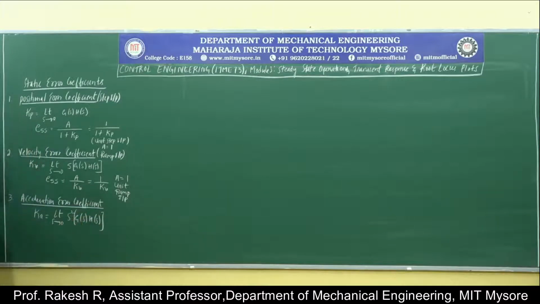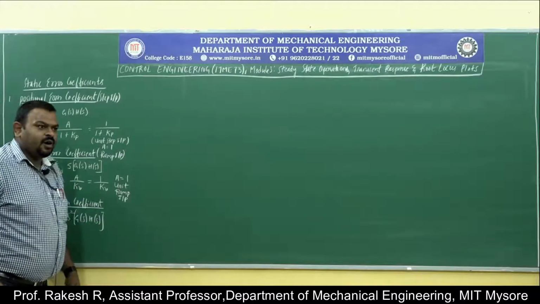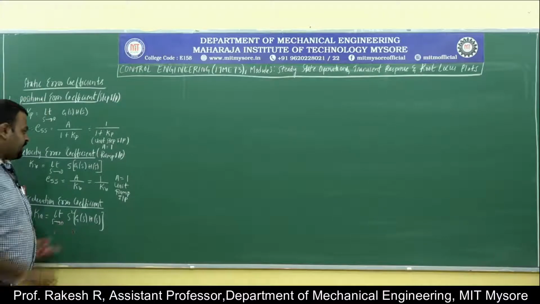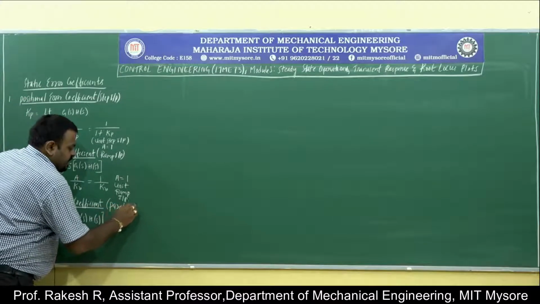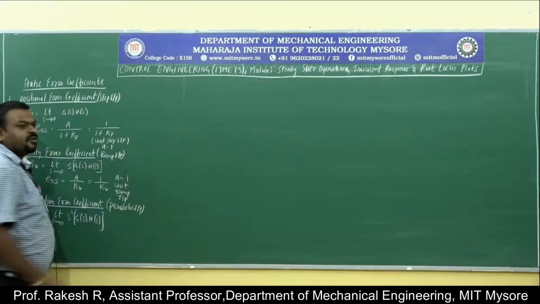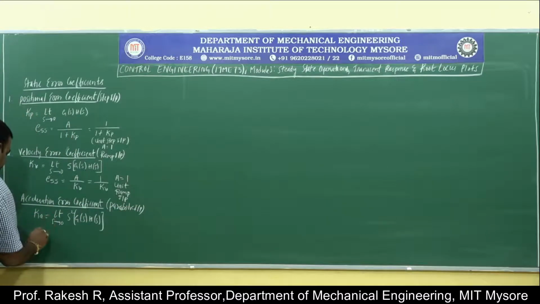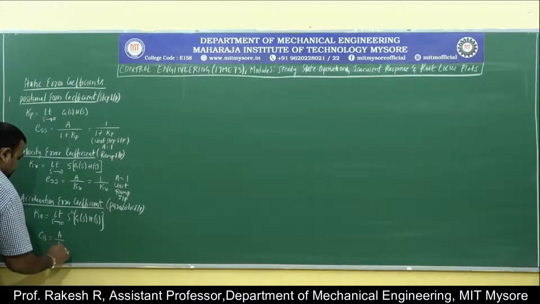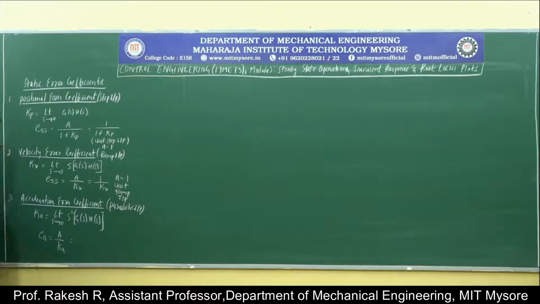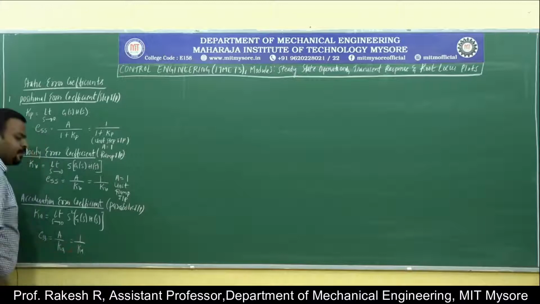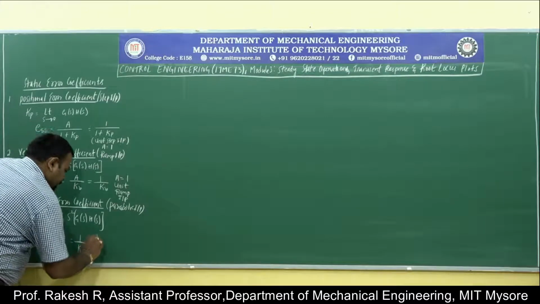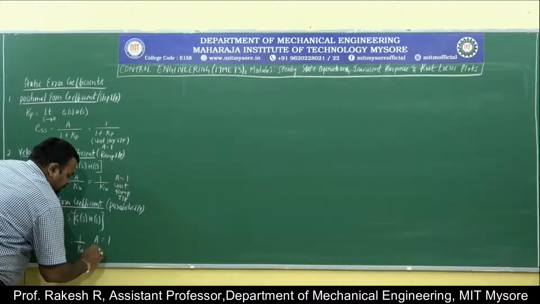This is the proportionality constant for parabolic input, called the acceleration error coefficient. The steady state error for this system will be A divided by Ka, and if it is a unit parabolic input, A is equal to 1.